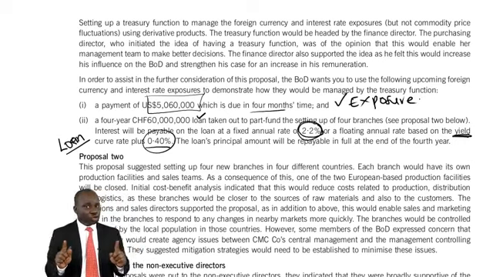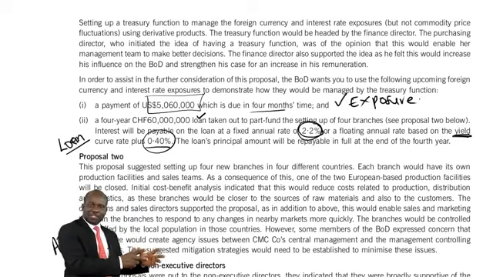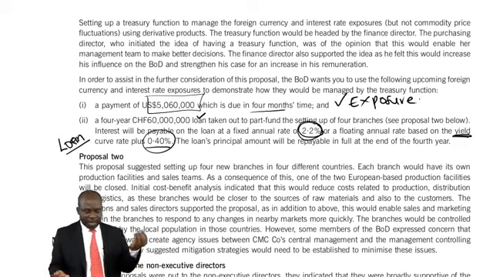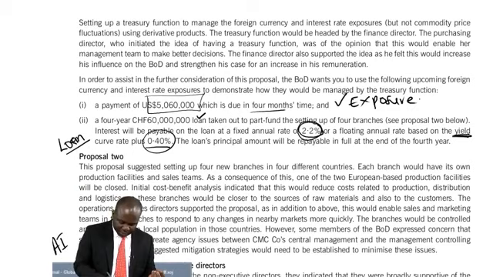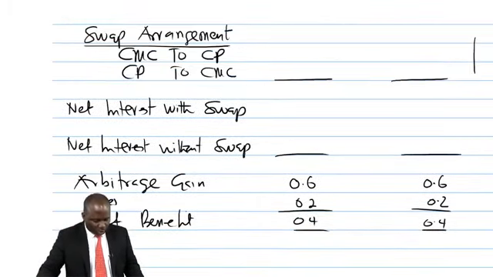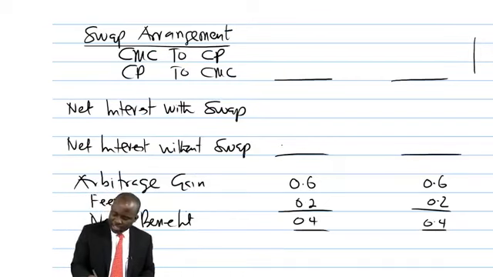So if they are not swapping and they went to the bank directly for the variable, what they would have paid would be the yield plus 0.4. So this is the case. So I will say here that without the swap, CMC, you would have paid the yield plus 0.4.